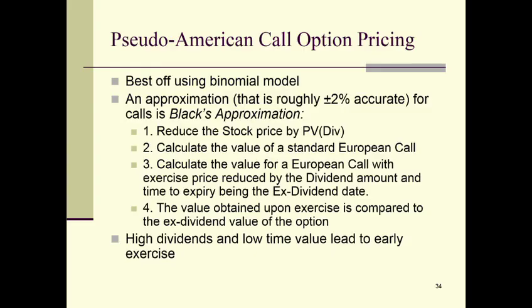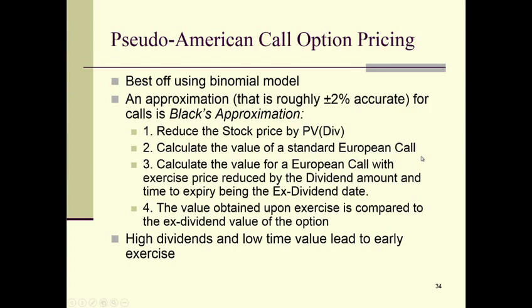Now with the Black's approximation, you assume that an American call is essentially a portfolio of European calls, and you would then value the portfolio of European calls and take the greater value as your American call. So the steps are as follows. You reduce the stock price by the present value of the dividend, as we have been doing all this while, and then you calculate the value of a standard European call with the expiration date as your time.